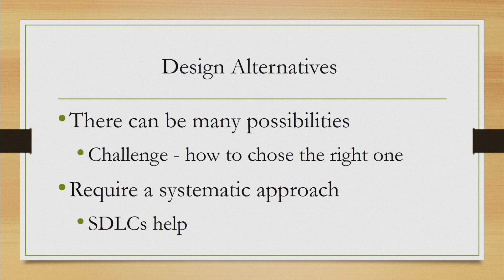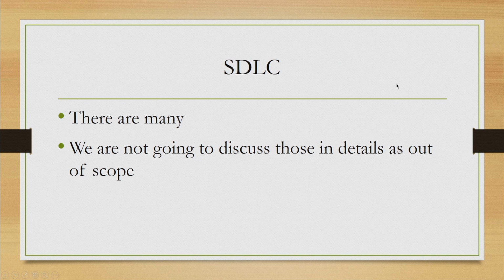So, that is a complex question with a complex answer, and we require some systematic approach to choose a particular design, and there the software development life cycles help. So, these life cycles tell us what are the stages we should follow to come up with a final design.